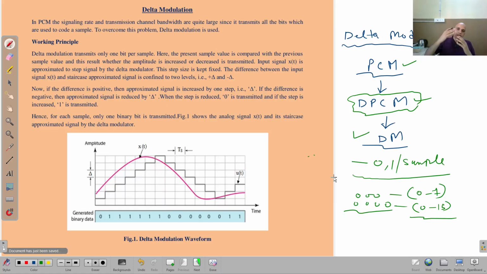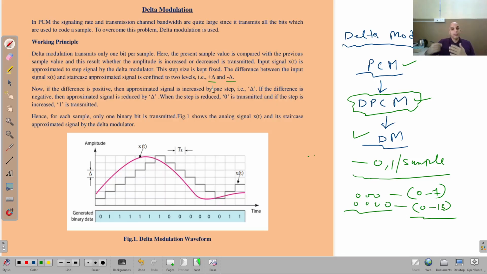Now, how is this working principle achieved? This is achieved by comparing the incoming signal with a previous signal generated from this DM modulator. Previous here means one step previous. Then these two signals are compared, and according to that an error signal is generated that is defined as either plus delta or minus delta.